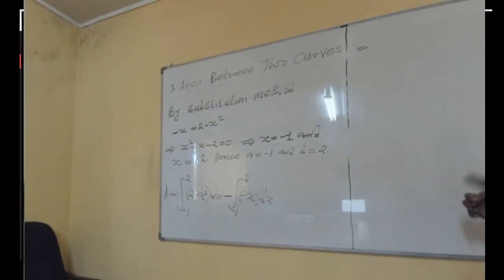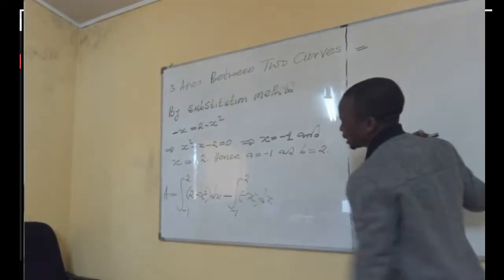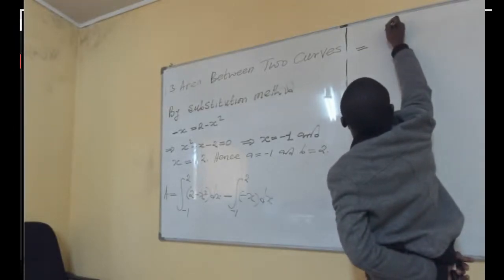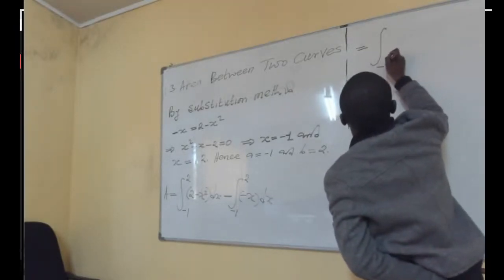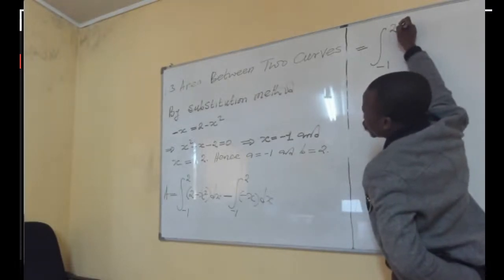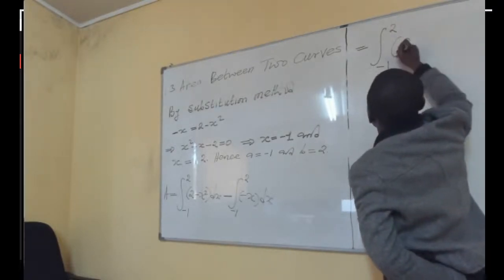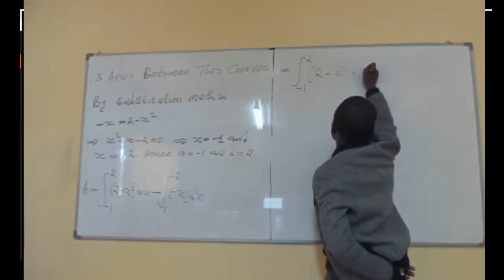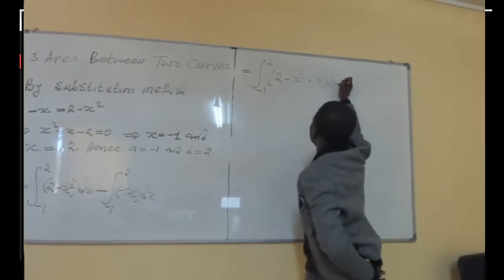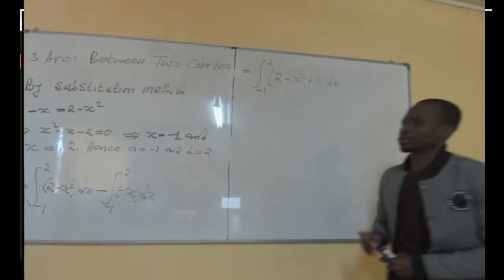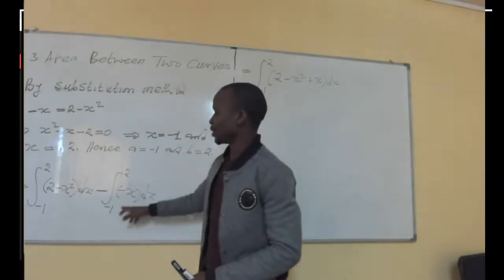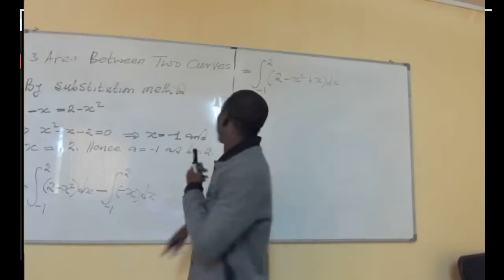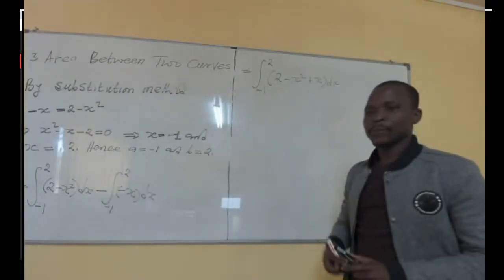Or if we use the linearity property, since the limits of integration are the same, that is just the same as the integral from -1 to 2 of 2 minus x squared plus x dx. Because the limits of integration are the same, we can combine these two, but this negative times negative is positive, that's why it's giving us a positive x.